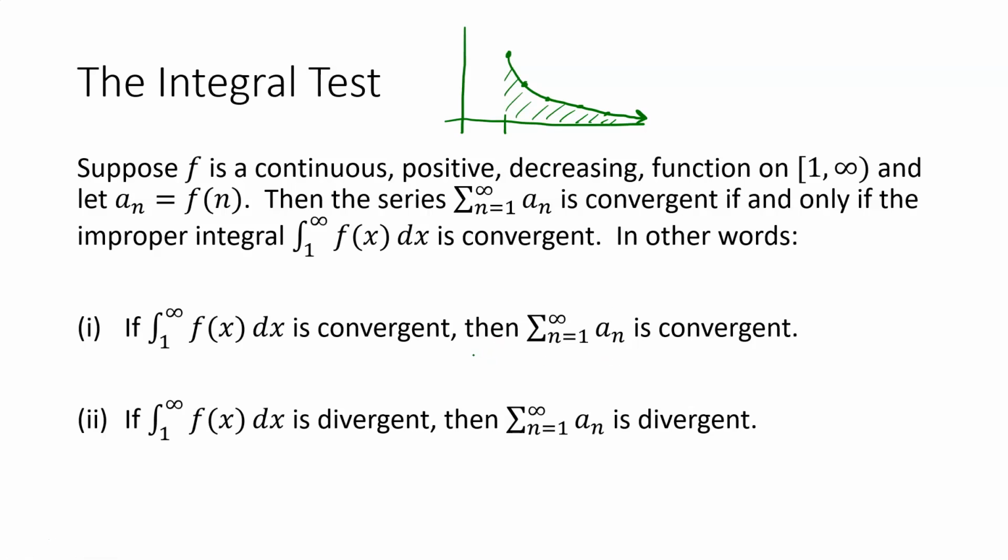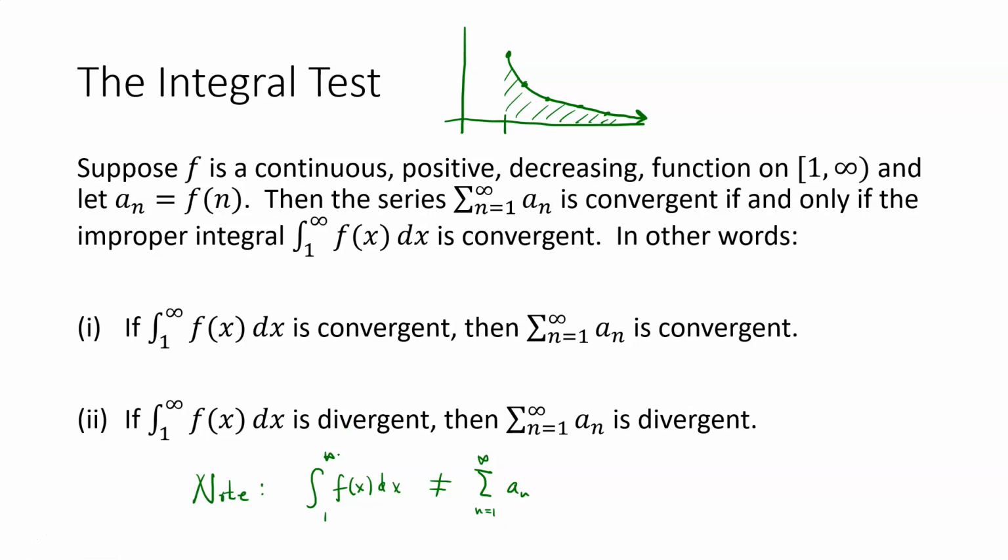Okay. But notice, like what we saw in the previous example, this is an important note: the integral is usually not equal to the sum of the series. They're different, but they can be compared in a useful way here. When we evaluate the integral, we're not actually getting the sum of the series.